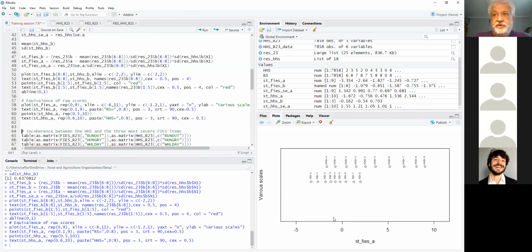And this picture should demonstrate quite clearly why the two scales, so to say, explore a different range of severity. The FIES is like having a ruler that measures relatively less severe conditions, whereas the household hunger score is an extension of the severity measurement on the severe end.